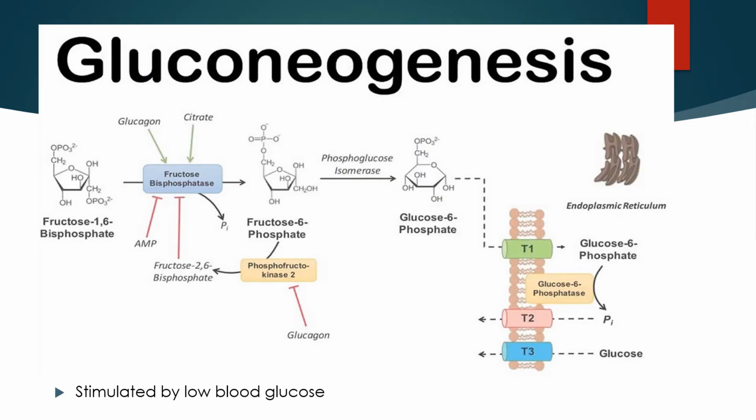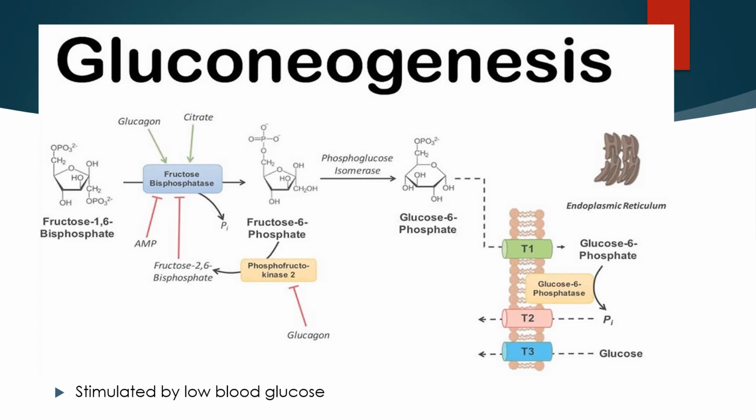Gluconeogenesis can be explained in three steps. So the first step is the conversion of the pyruvate to phosphoenolpyruvate. And the next step is the conversion of fructose 1,6-bisphosphate to fructose 6-phosphate. And the third step is the conversion of glucose 6-phosphate to glucose.